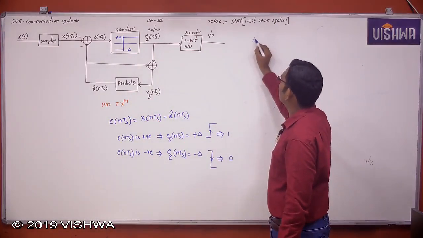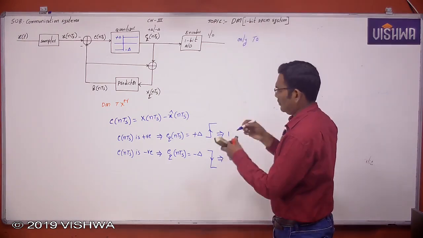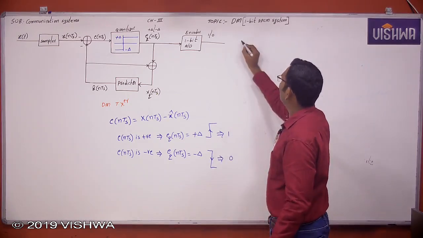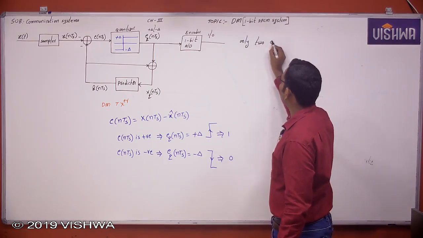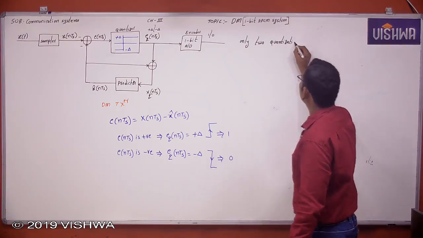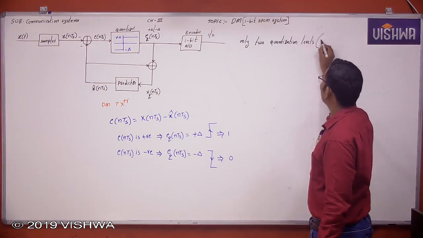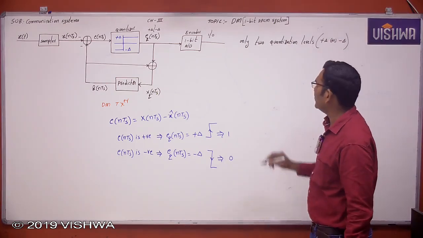Now see here, in delta modulation, only two quantization levels, whether it is plus delta or minus delta, incremented delta or decremented delta.